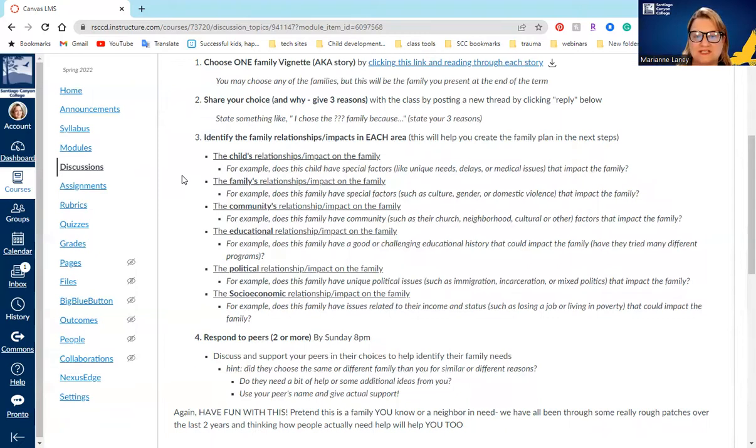The educational relationship or impact on the family. Well, they go to a low income school, they get the meals, which is great, and then they get after school meals, which is great. So the educational relationship seems to be pretty good. But again, they could be at odds. I mean, I have to tell you, yes, I'm white. My child is not white, but I'm white, and I have a really challenging relationship with my school district.